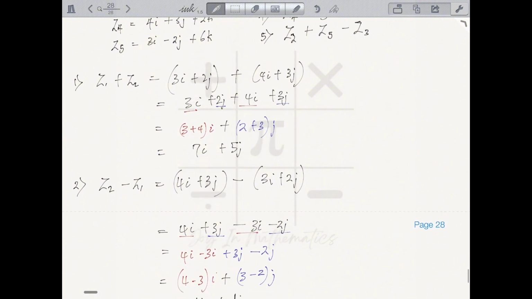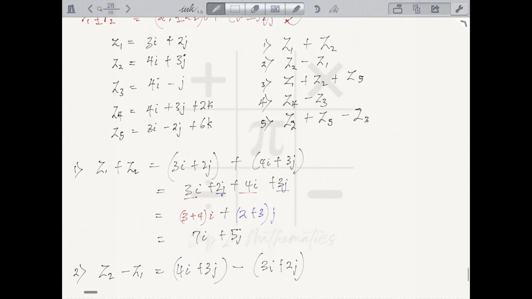So we have questions 1 and 2 solved. Let's move on to question 3. We are asked to add the vectors z1, z2, and z5.